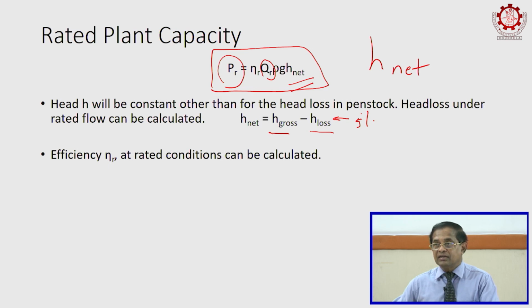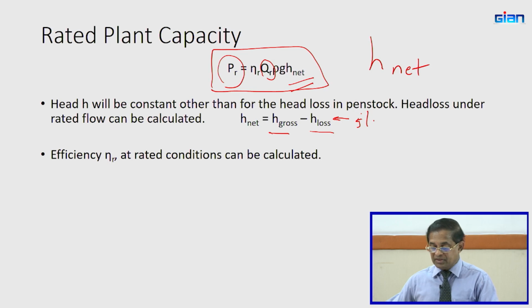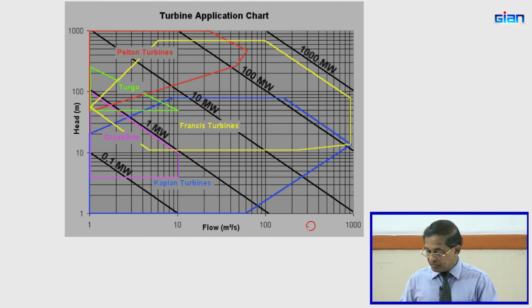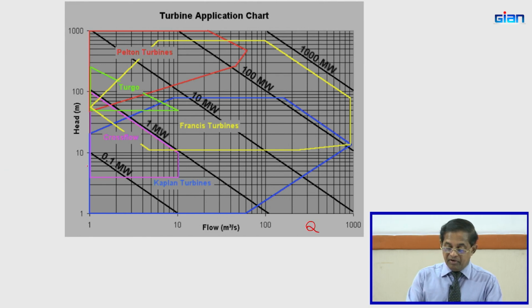So, there was a question some other time, how you decide the turbine type for the project. We are going to address the turbine types later, but here is an answer for that question. You can see here is a turbine application chart for hydropower plants. The horizontal axis is flow rate Q, cubic meters per second. The vertical axis is net head.